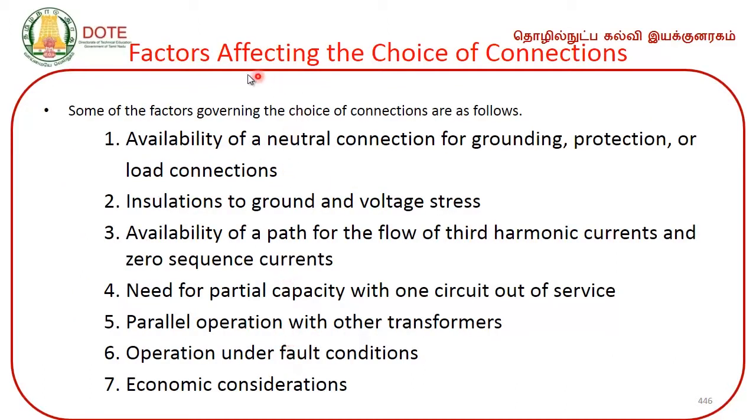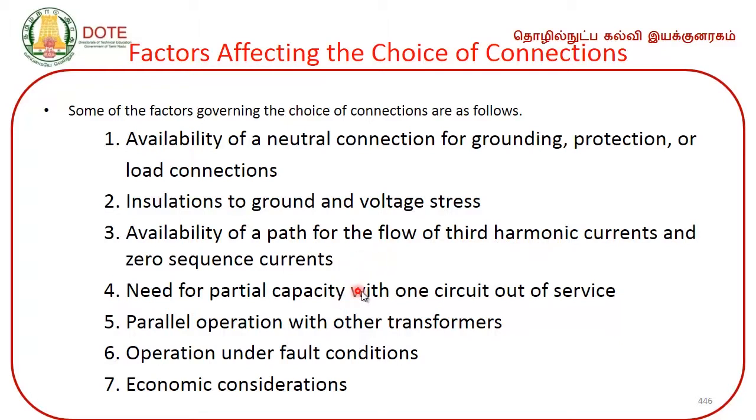Factors affecting the choice of connections. Some of the factors governing the choice of connections are as follows. Number 1, availability of a neutral connection for grounding, protection or load connections. Number 2, insulations to ground and voltage stress. Number 3, availability of a path for the flow of third harmonic currents and zero sequence currents.